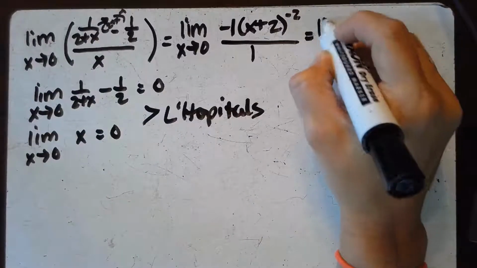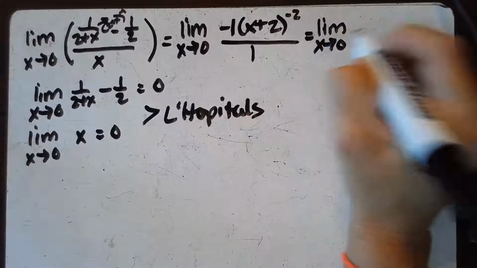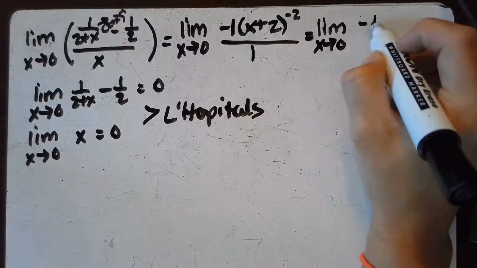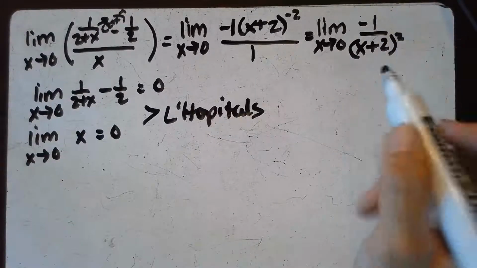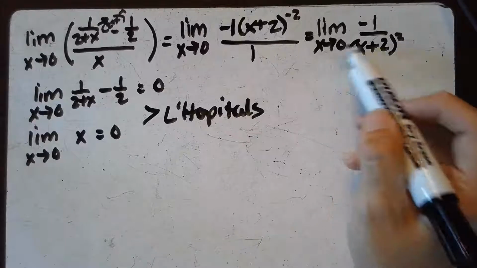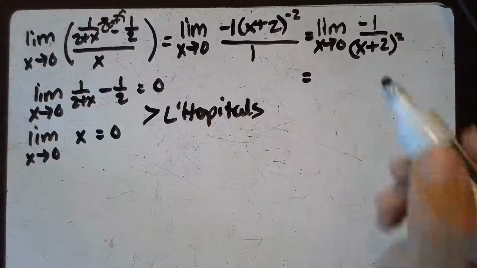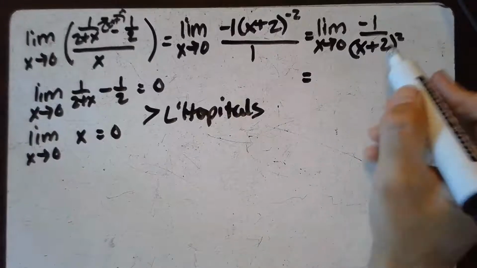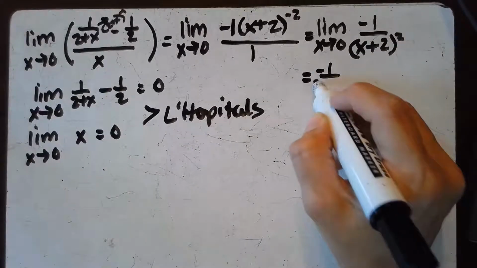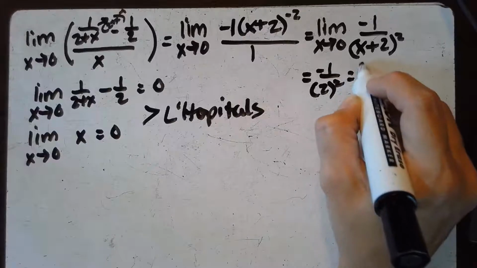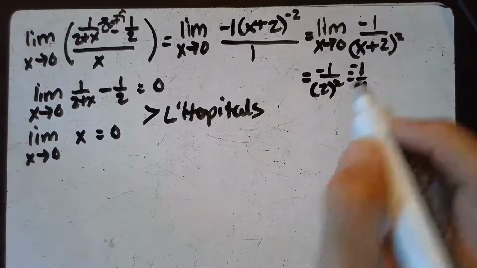So this is the limit as x approaches 0 of negative 1 over x plus 2 squared. Now, let's think about it. Can I plug in 0 now? Yeah, I can, and when I plug in 0, negative 1 over 2 squared equals negative 1/4.